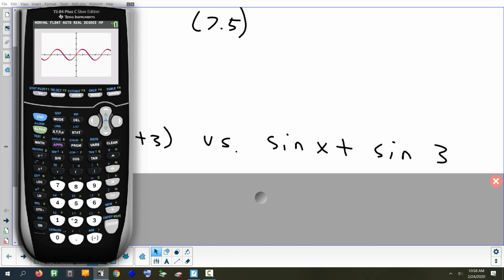But if I go zoom 2 and zoom in, I think you will see it a little better. Or I could have made the plus 3 like a plus 30. Then you really see it better. But can you see now that they're off? They're not exactly the same. They overlap in certain parts, but they are not exactly right on top of each other.